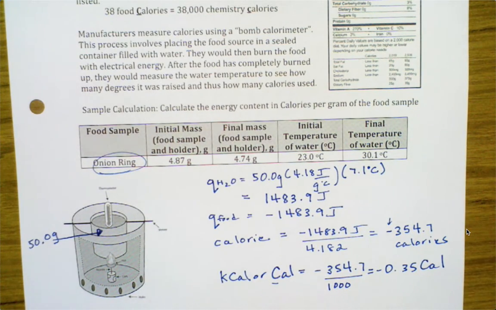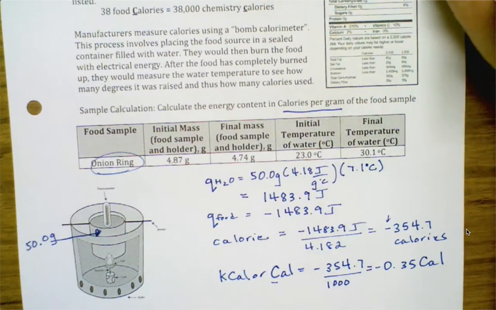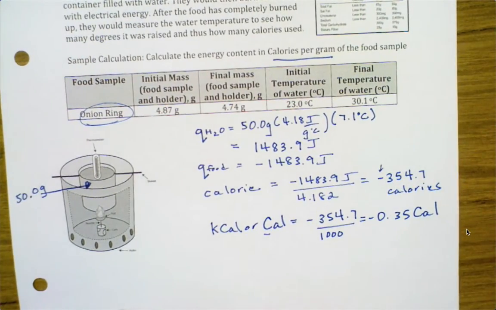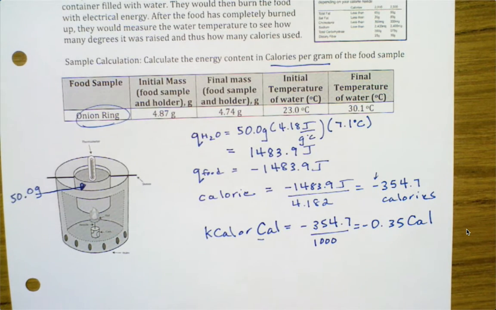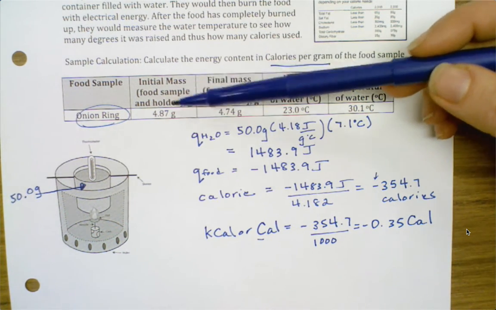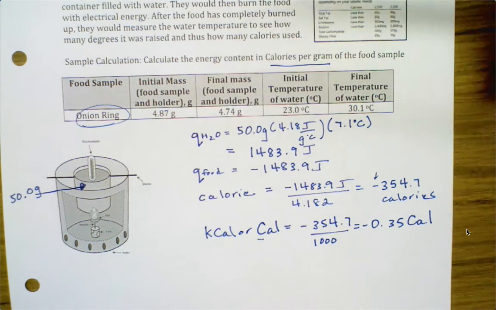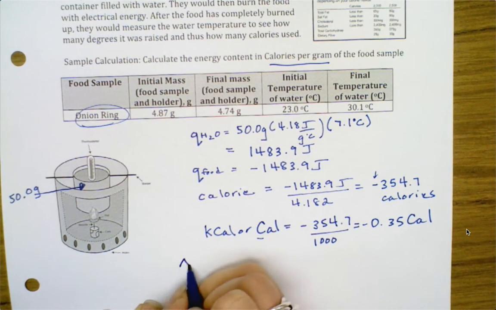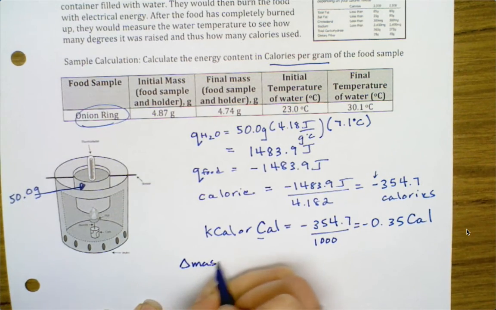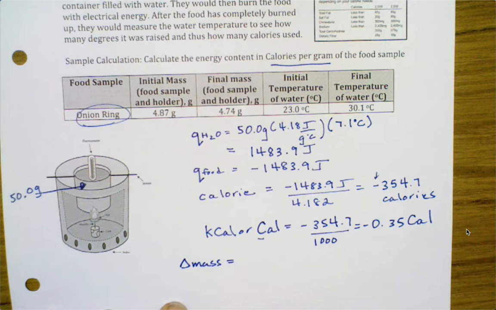Now, if I want to figure out how many calories per gram, we want to figure out what mass of the food sample was burned. Now, not all of your marshmallow and not all of your Cheeto will have burned, but what you did was you measured the mass of the food with the holder before, and you figured out after. So to figure out your change in mass of your food item, because not all of it burned, you do final minus initial.